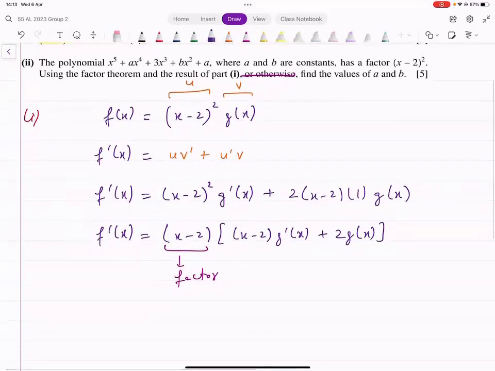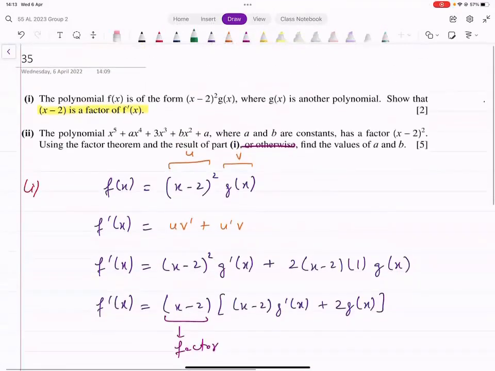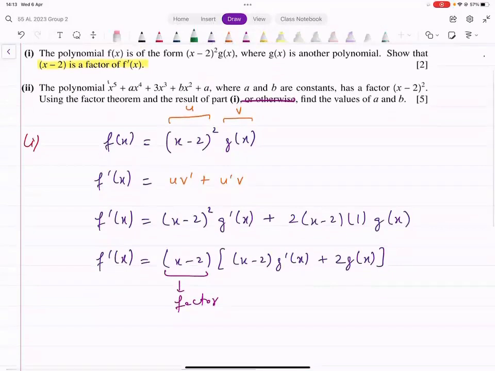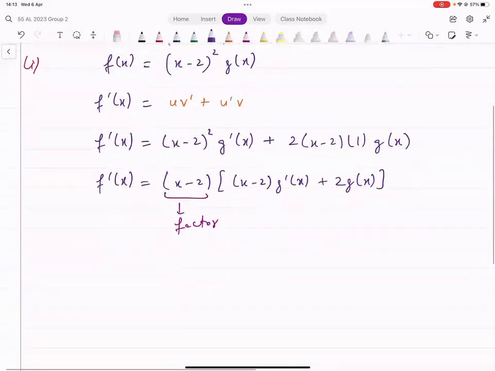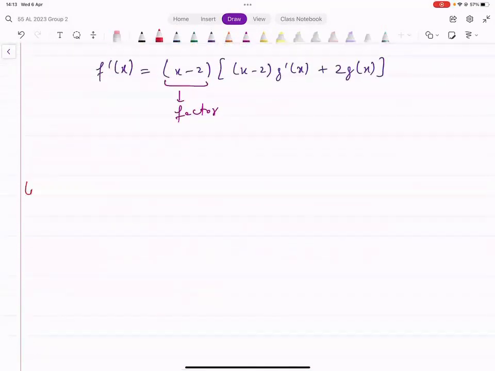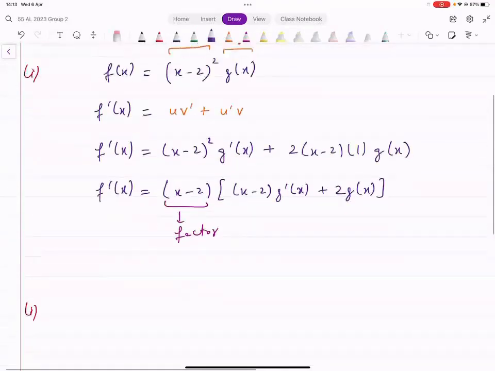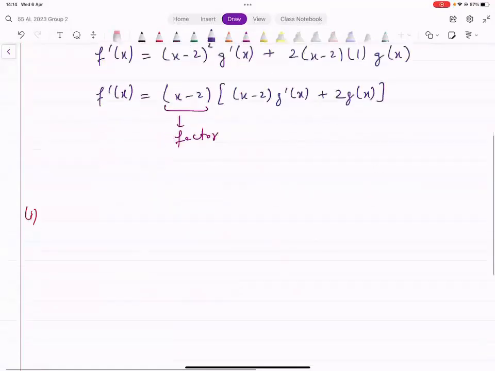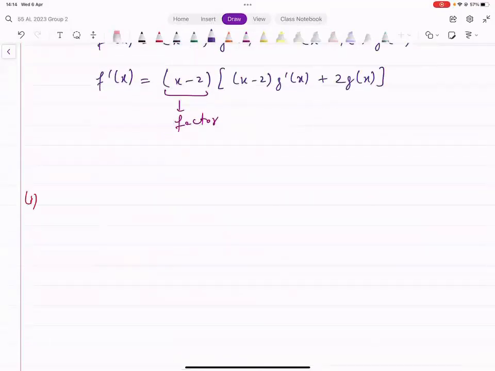Okay. So we have this polynomial. इसका एक फैक्टर गिवन है x minus 2 whole square. Can we get an equation from this? इसको हम p of x अगर कह लें या इसको f of x कह लेते हैं.